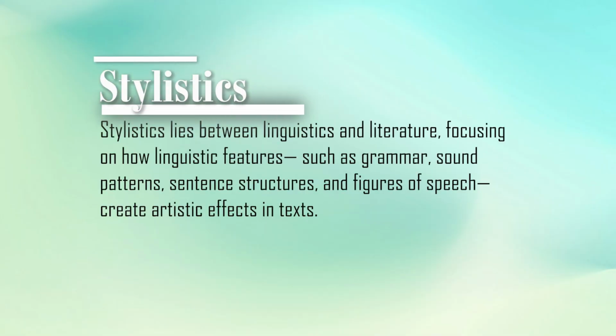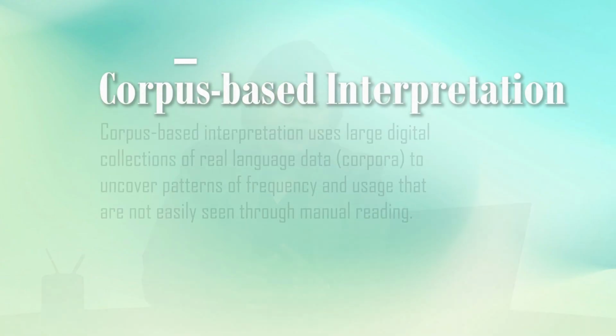Stylistics lies between linguistics and literature, focusing on how linguistic features such as grammar, sound patterns, sentence structures, and figures of speech create artistic effects on text. It combines objective linguistic analysis with aesthetic judgment. The fifth is corpus-based interpretation.